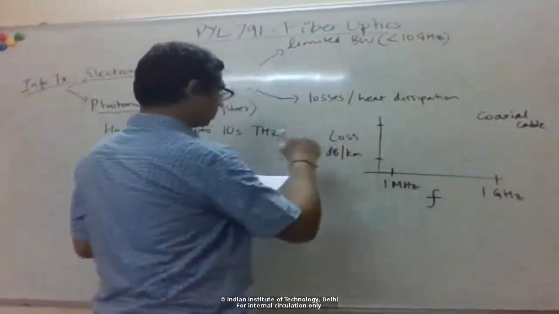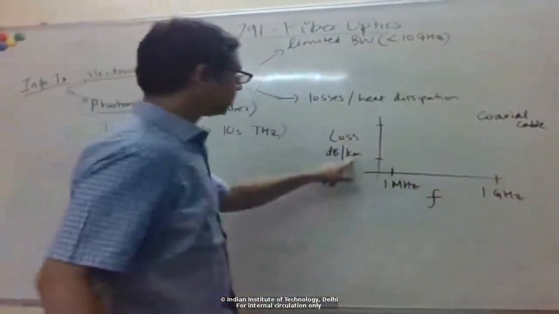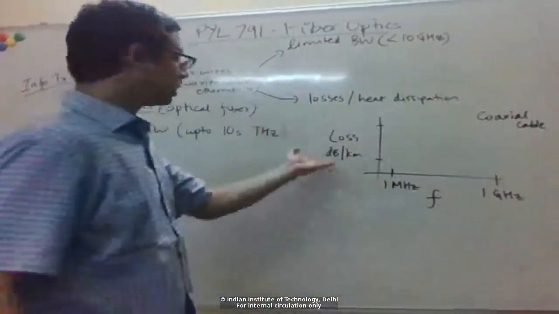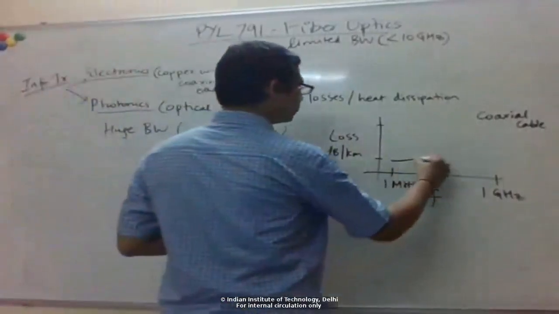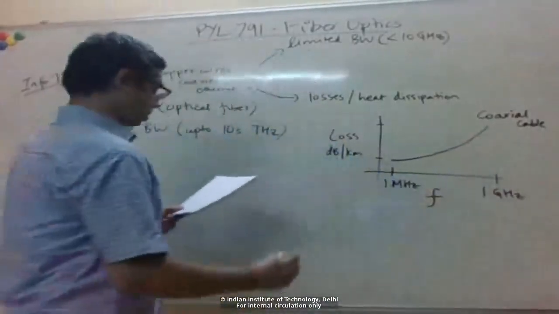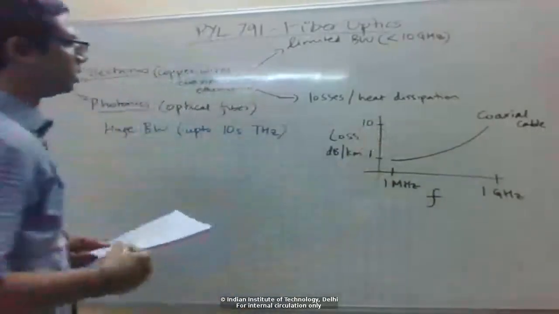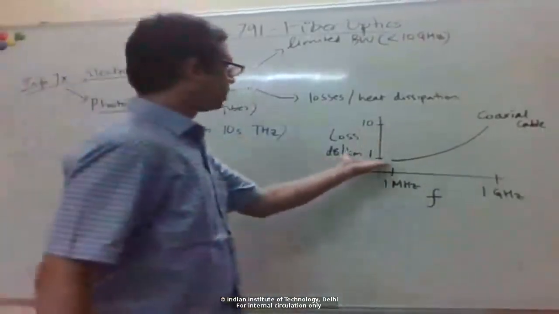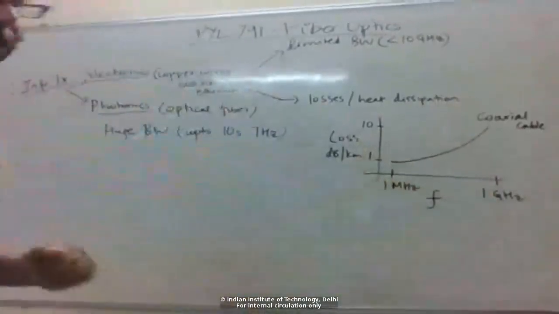This is the propagation loss that you get. If you transmit 1 kilometer, the signal goes down by so many dB. So the loss increases with frequency like that, and goes from 1 dB per kilometer to like 10 dB per kilometer once you approach gigahertz frequency.